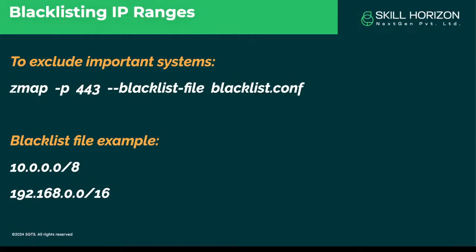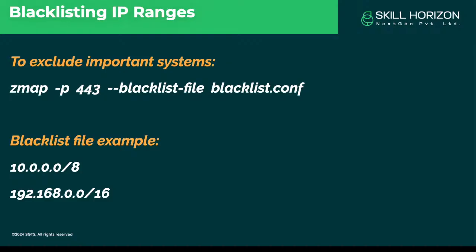Now the blacklisting part. So see, if you want to exclude some important systems that should not be affected when you run the scan, they will not be scanned via ZMap. So you can create a file called blacklist.conf, a configuration file basically, and you will use an option called --blacklist-file.